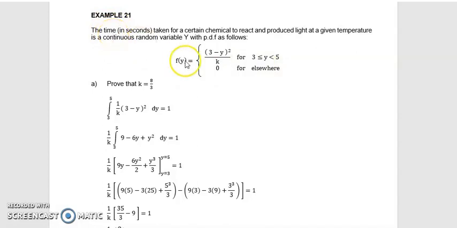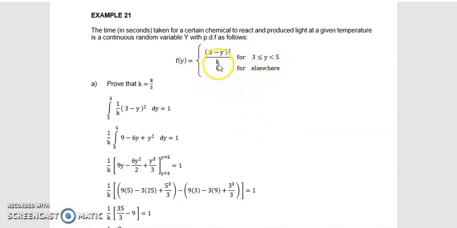Okay, look at question A. Prove that k equals 8 over 3. So k here is actually a constant. How do we find the value of k? We know that total probability equals 1. We integrate this function from 3 to 5 and set it equal to 1.